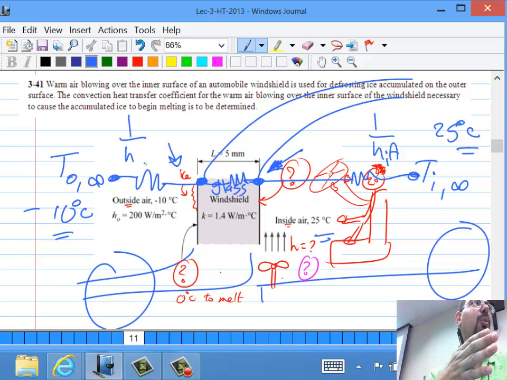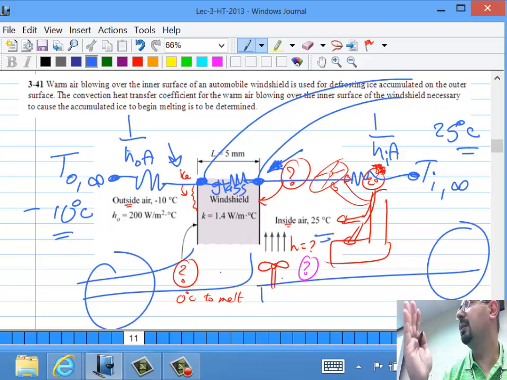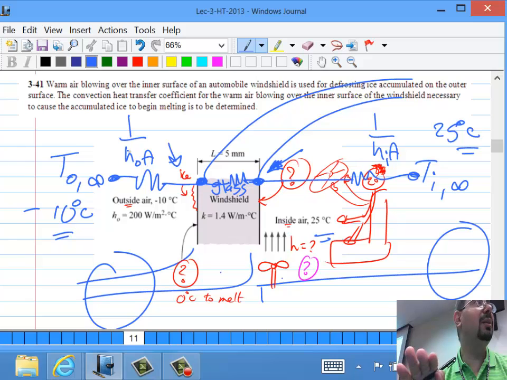So he realized that it cannot be the minus 10. It has to be a little bit higher, or else there would be ice on the glass. That's another thing, but forget about the ice now. For sure the temperature on the outside surface cannot be the outside air temperature, because there is a resistance between the two of them.